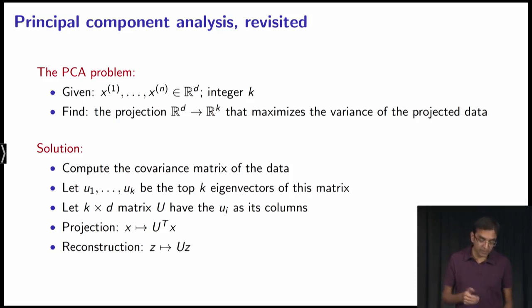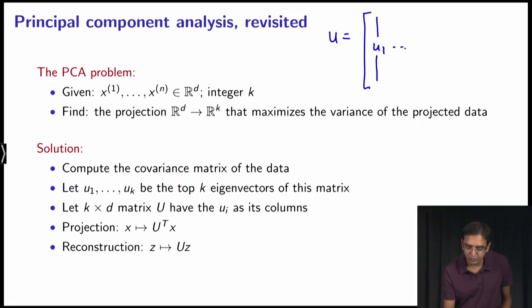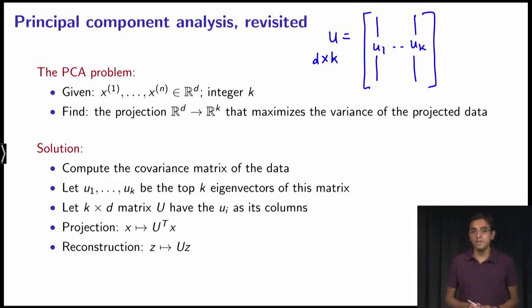Okay, so if we want to express this in matrix form, what we can say is that let's define a matrix U whose columns are these top k eigenvectors, U1 through Uk. Okay, so this is a matrix that's d by k. And now what we do, the projection sends a vector x in the original space to U transpose x.